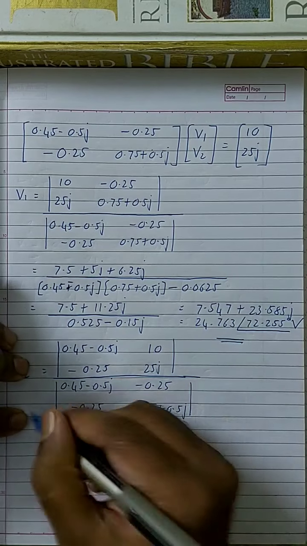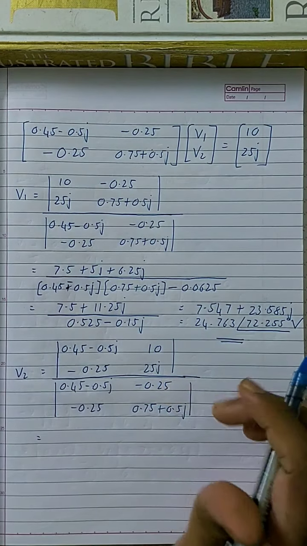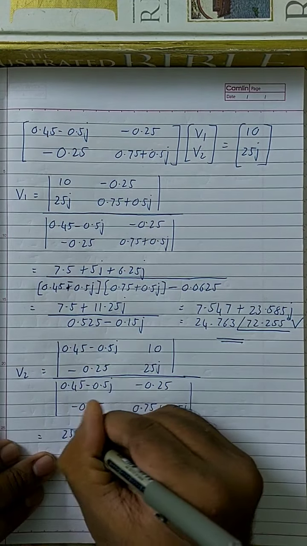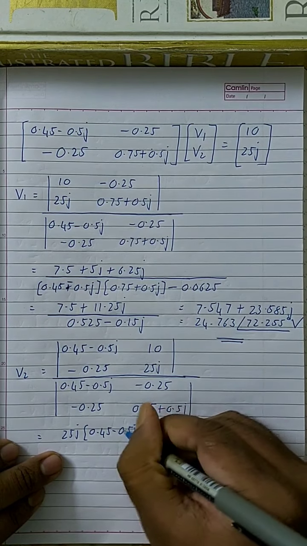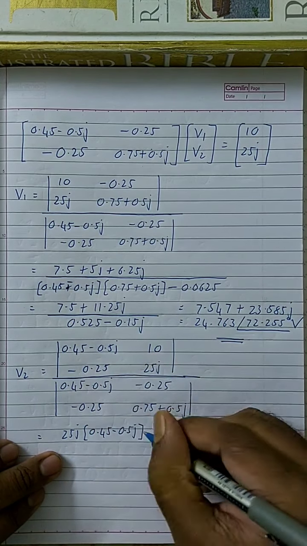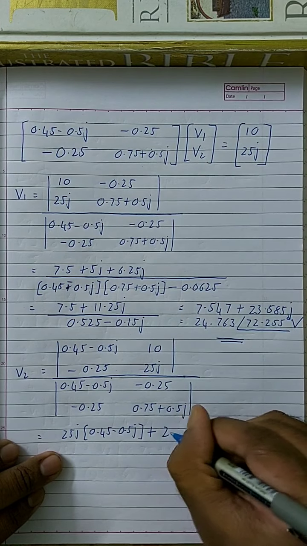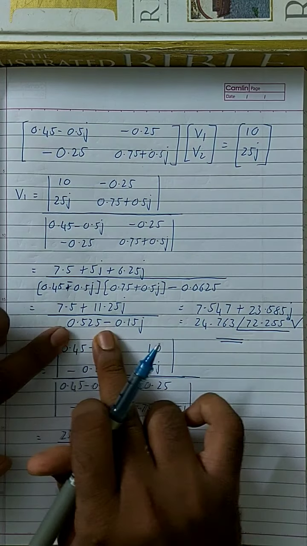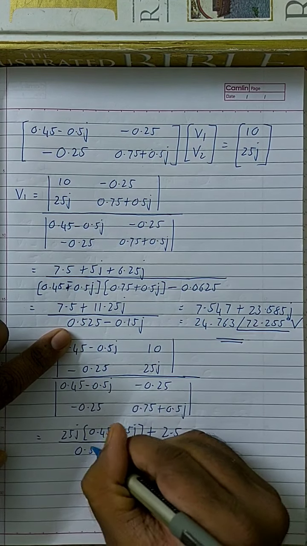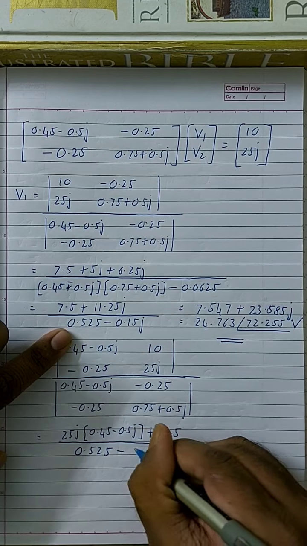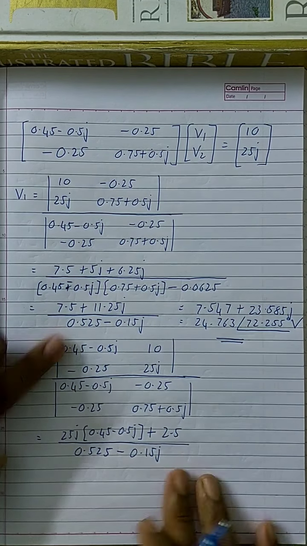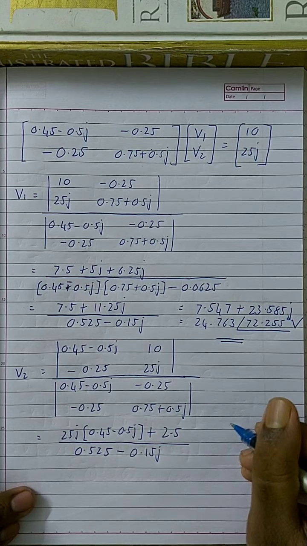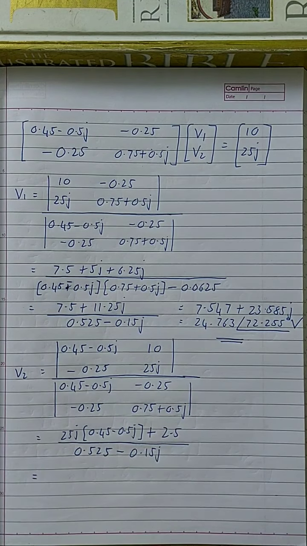Okay, and here you will get 25j into 0.45 minus 0.5j, plus 2.5, divided by the denominator, you don't need to find it, you have already found it, it is 0.525 minus 0.15j.